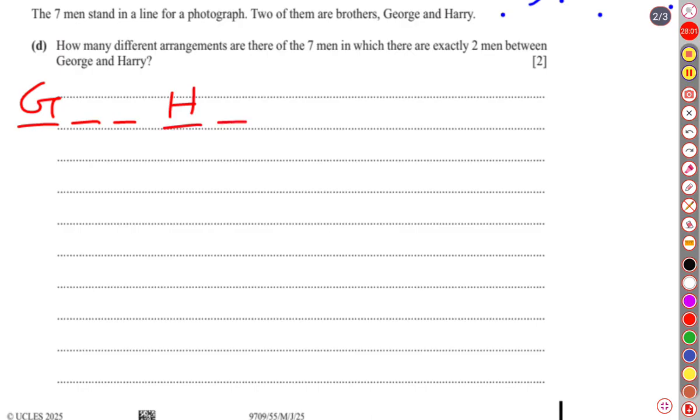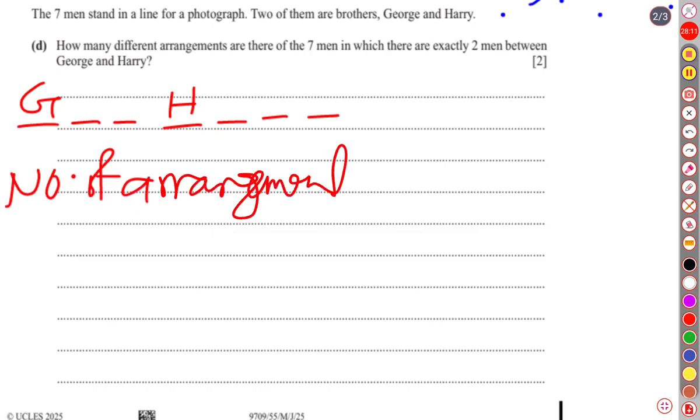There remain 3 to make 7. So the number of arrangements is equal to, look at this, except George and Harry there are 5 members. So 5 factorial ways they can be arranged.